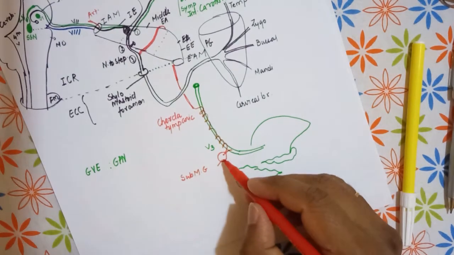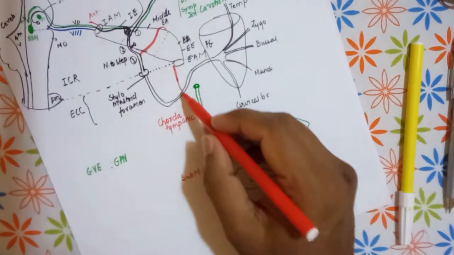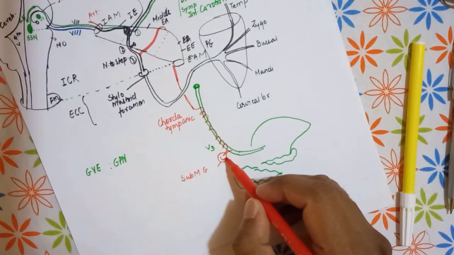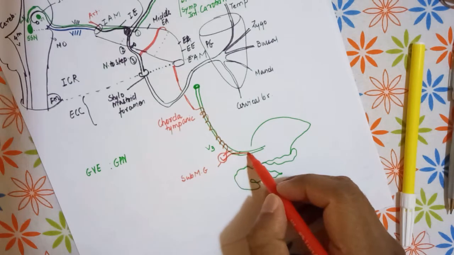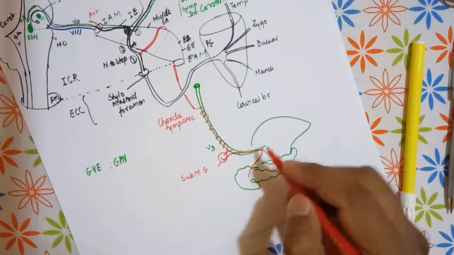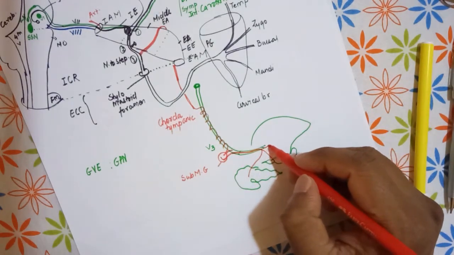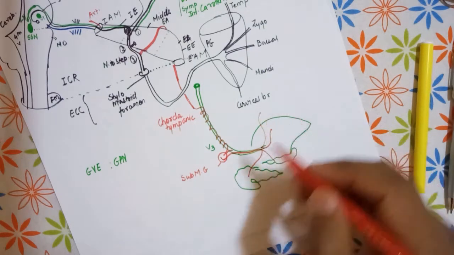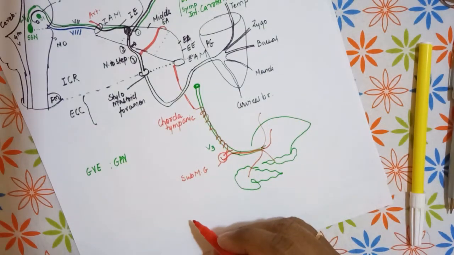From here the second order neuron starts, so my chorda tympani will relay in this, and from here the second order neuron goes to the sublingual, submandibular glands, anterior 2/3 of the tongue, and some part of the mucosa of the oral cavity.